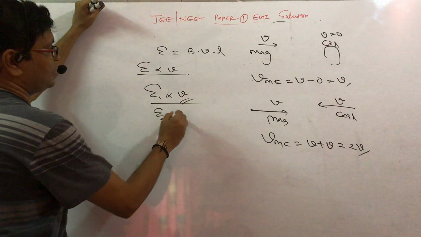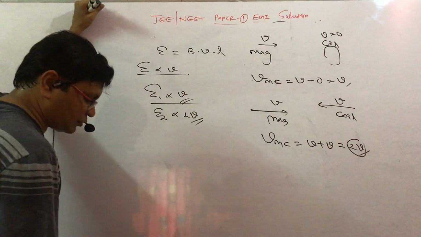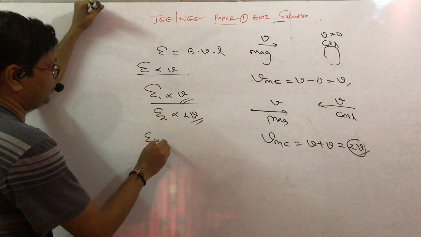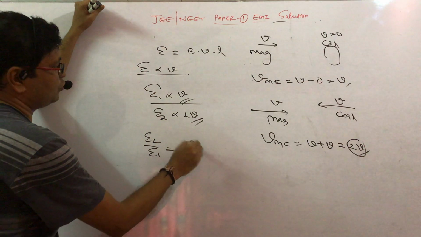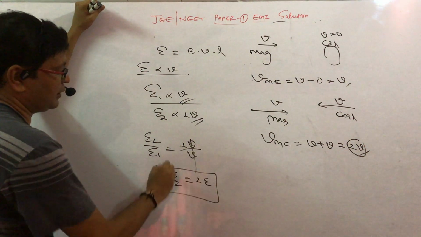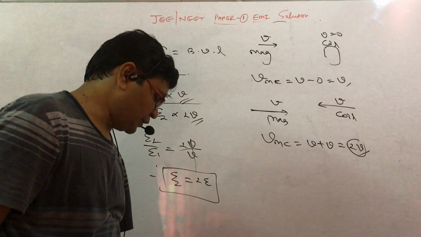So epsilon 2 is directly proportional to 2V. So if you think about the ratio, और ratio किसका पूछा है? If you find the ratio of epsilon 2 to 1, so 2V by V, in short induced EMF becomes double. So पहले जो epsilon था वो डबल हो जाएगा, so आंसर आएगा 2 epsilon.